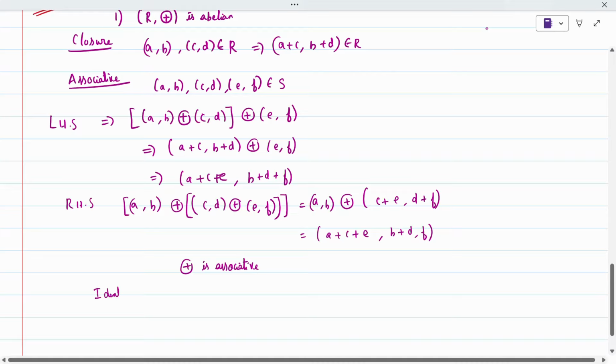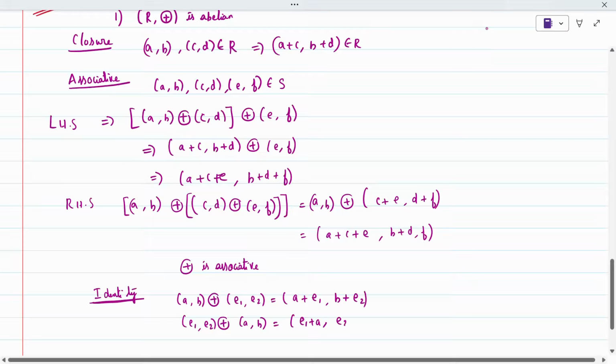To prove identity, I take (a, b) plus two elements (e1, e2), which equals (a plus e1, b plus e2). In the same way, (e1, e2) plus (a, b) is (e1 plus a, e2 plus b).